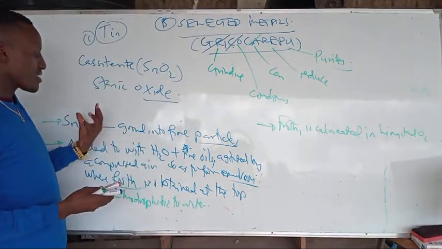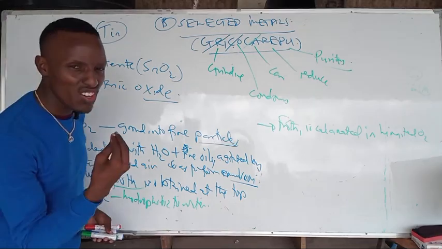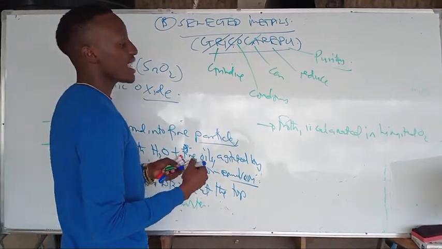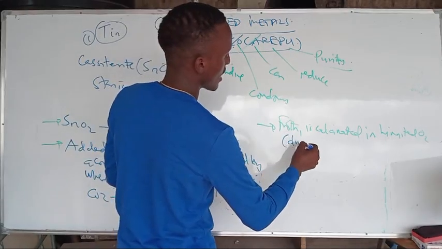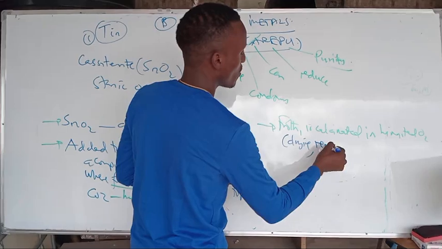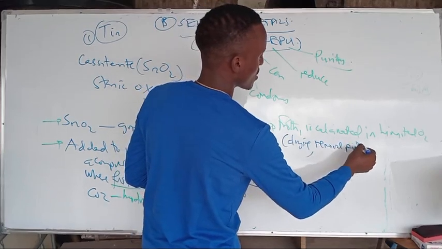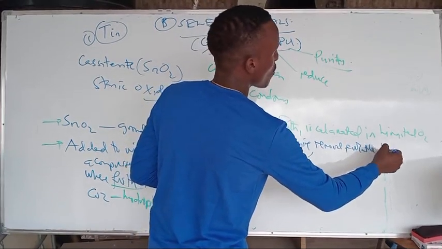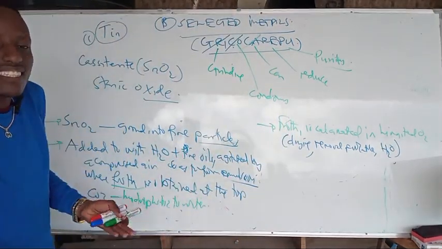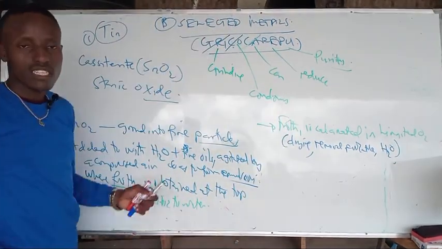We turn the stannic oxide into a concrete dry substance. What is happening here is drying and removal of volatile substances and water of crystallization. We just heat it to make it dry before the reduction process.